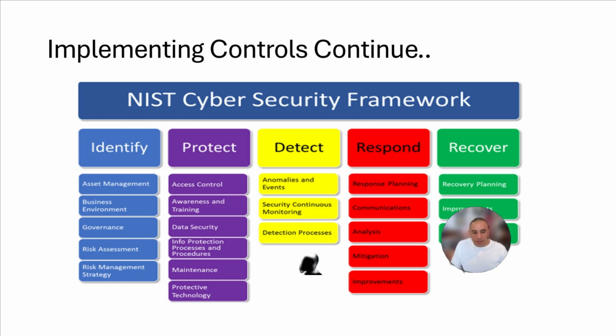Conduct testing to verify that the implemented controls function as intended and provide the necessary security measures. Validate control effectiveness through security assessments, vulnerability scans, and penetration testing. Provide training on how to use the implemented controls to system users, administrators, and other stakeholders.